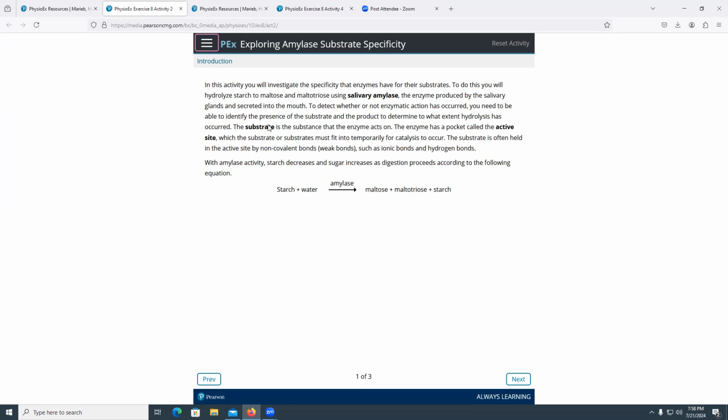Okay, so the substrate is what we are taking into the enzyme to break down. So the substrate for amylase is starch, and the substrate for maltase is maltose.